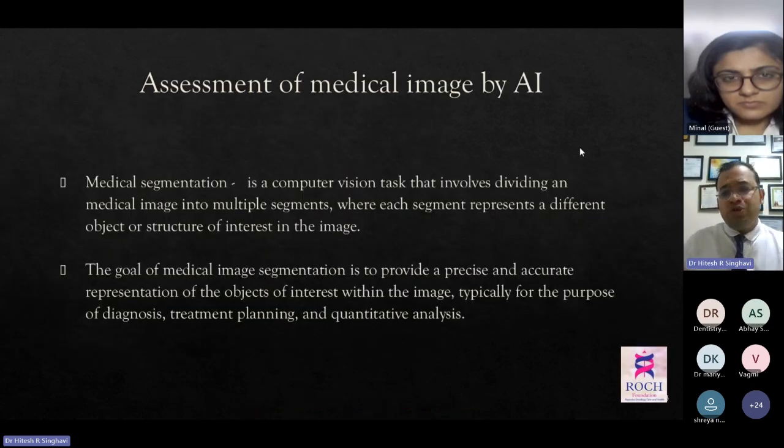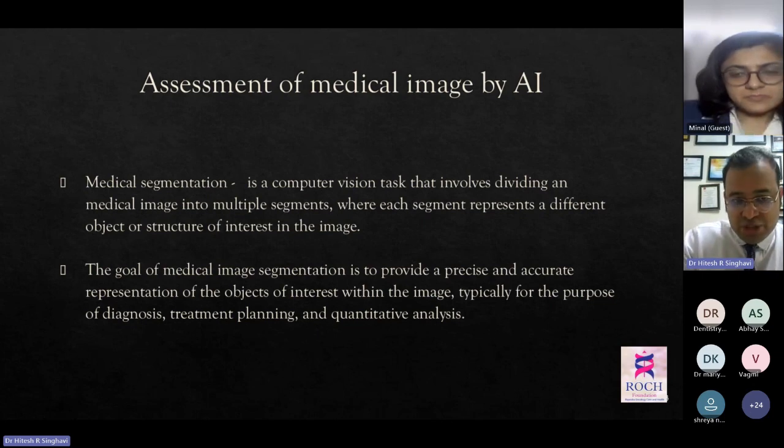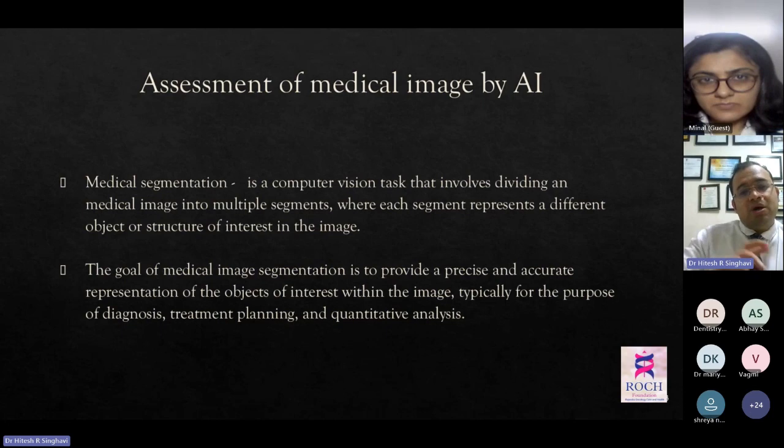Next, we move on to a very important part, which is assessment of medical images by AI. For screening, it is very important that we take correct pictures, and that they are taken in a way in which AI can understand or properly segment. So what is medical image segmentation?